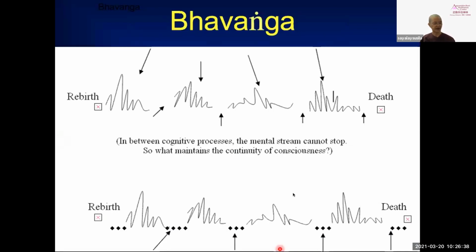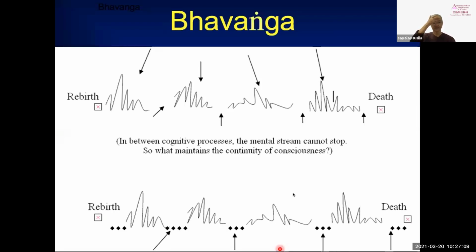Bhavanga means bhava anga. Bhava is existence, anga is factor. So bhavanga means factor of existence, which is the indispensable condition for existence. The function of bhavanga consciousness is to preserve the continuity of the mental stream through the duration of any single existence from conception to death.